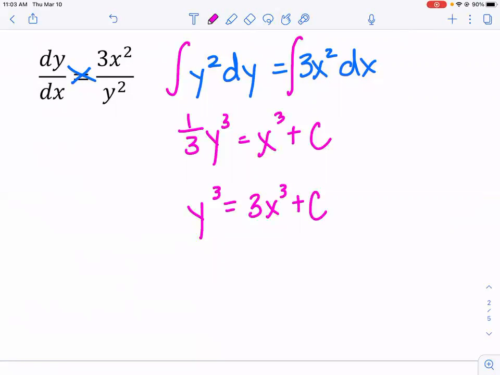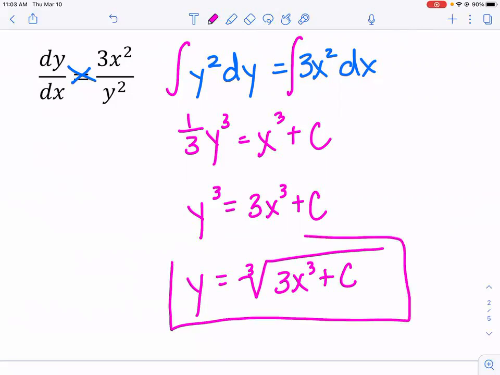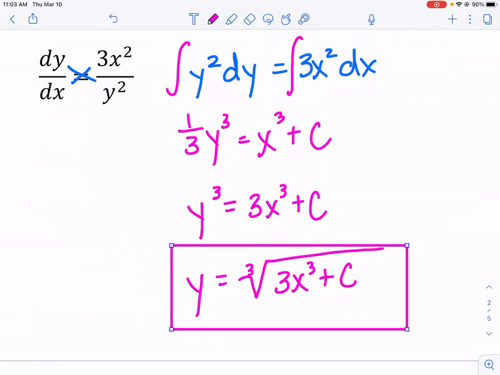So then y is going to equal the cube root of 3x cubed plus c. And this right here is the general solution for our differential equation. I could plug any constant in for c, and its dy dx would be 3x squared over y squared.